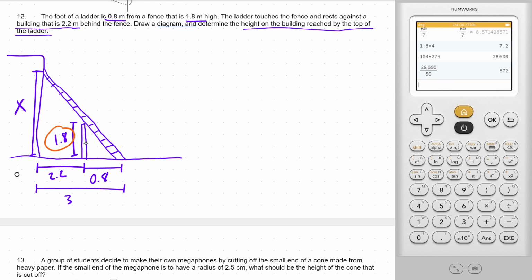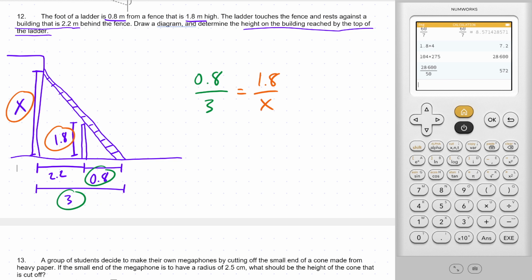So we have 1.8 corresponds with x, and 0.8 corresponds with 3. So I'll write that one first. 0.8 over 3, and 1.8 from the smaller triangle over x from the larger triangle.